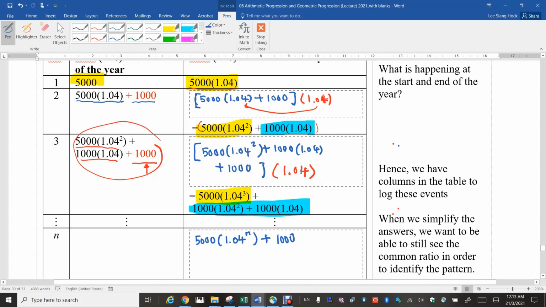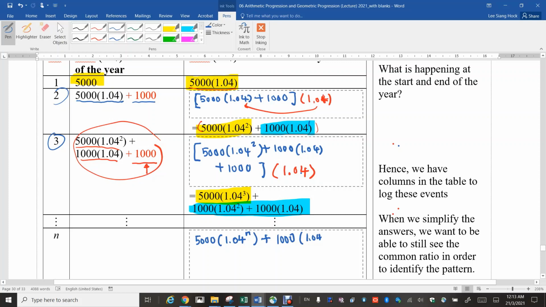So it will be 1.04 to the power of... you see, year 2 stops at 1. Year 3 starts with 2, then goes down to 1. Year 4 starts with 3, 2, 1.